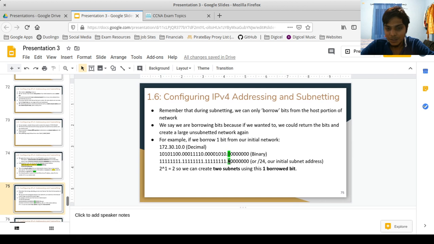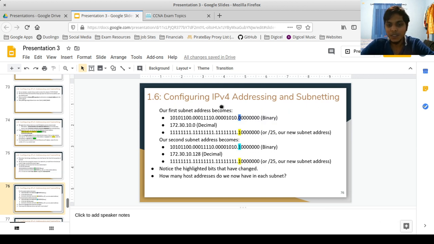You see that bit in green there, that's the bit we're going to mess with. With 1 bit, we get 2 to the power of 1, which is 2. So we can create 2 subnets using this 1 borrowed bit. That's the math there.